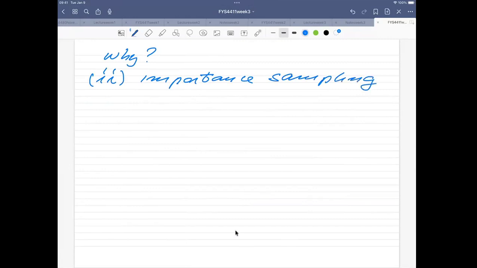With importance sampling, let's look at an example. Suppose we want to integrate the following function from 0 to 1: the integral of dx over 1 plus x squared.